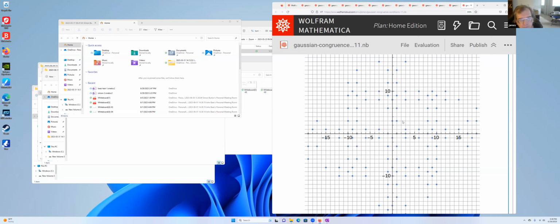So let's see. We've got 1 to the 1/3. That's actually an Eisenstein integer, but we're treating it as an honorary Gaussian integer. There are low-brow ways and high-brow ways of thinking of it.